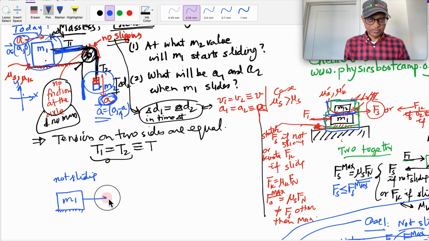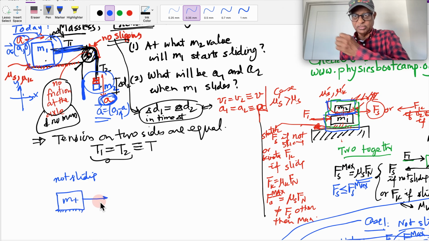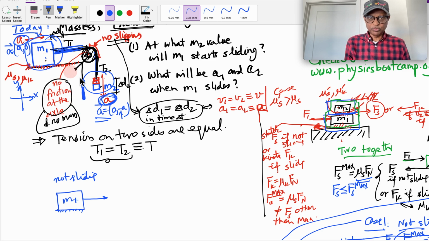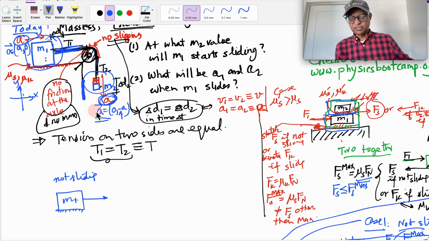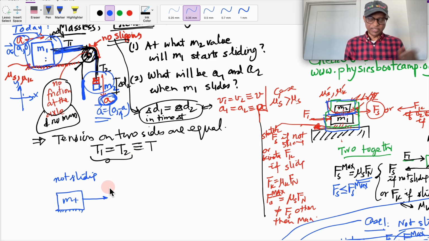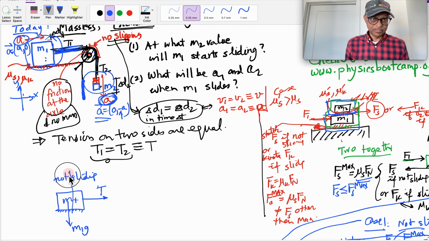So the tension will always pull towards the other mass, so these two masses are coupled. Tension is trying to pull it away towards the other mass. The other obvious force is M1g. And as a result, there's a normal force. Let's call it N1. I'm going to use the symbol N instead of Fn.